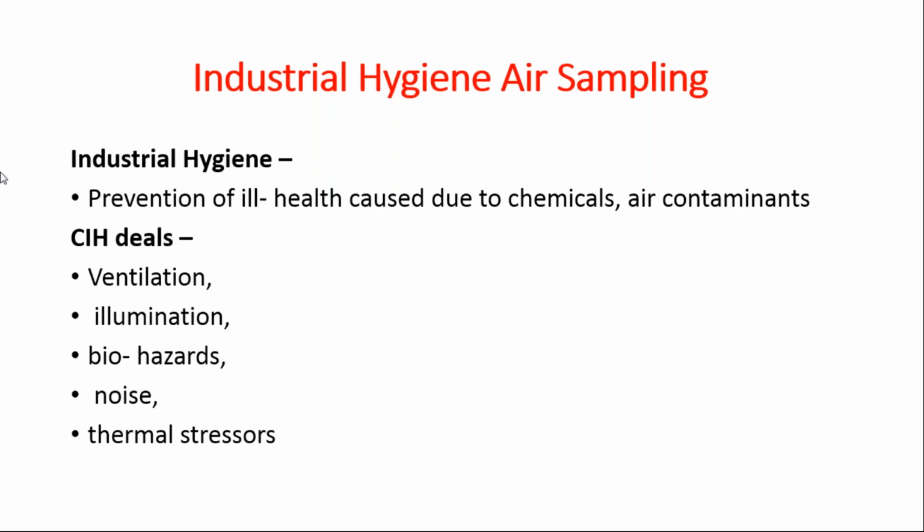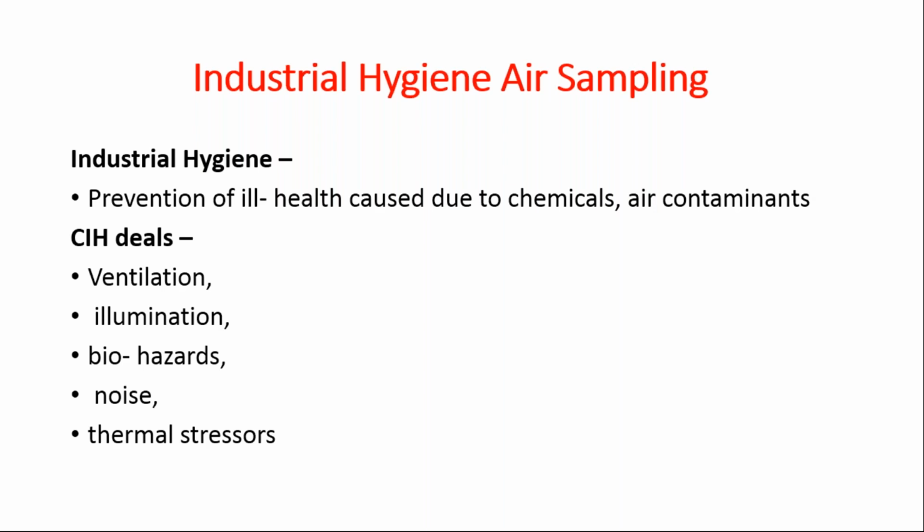But our modern CIH, Certified Industrial Hygienist, does this job also. And in addition to that, the certified industrial hygienist deals with ventilation, illumination problems, biohazards, noise, and the thermostat, because all these areas can have a negative impact on the health of the worker.